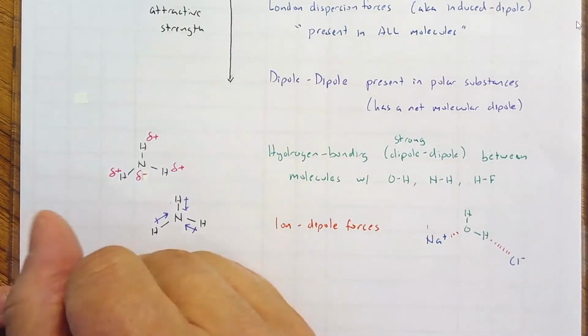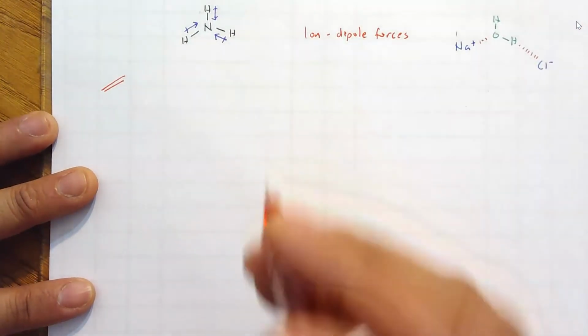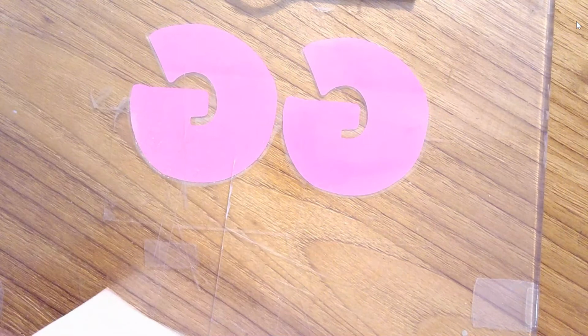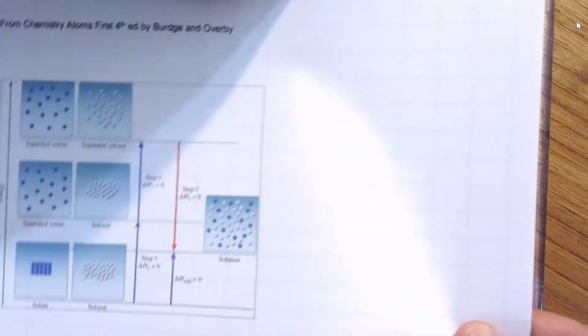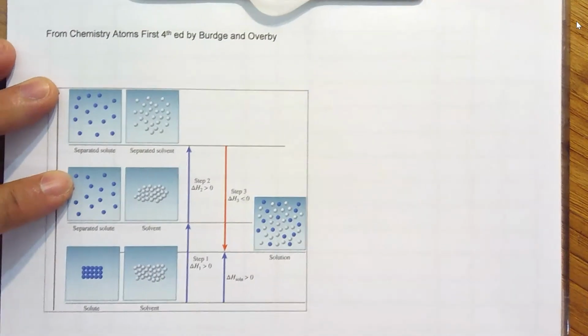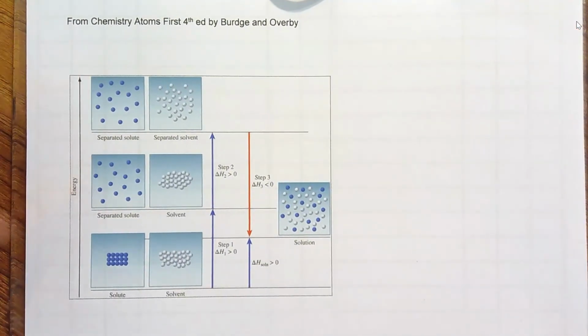The last topic, I want to talk about the energetics of dissolving. And I have a picture from the textbook, and we'll take notes on this picture here. Very good picture. This is definitely a picture is worth 1,000 words example. Hopefully you can see the detail.